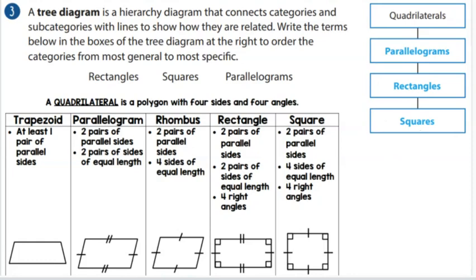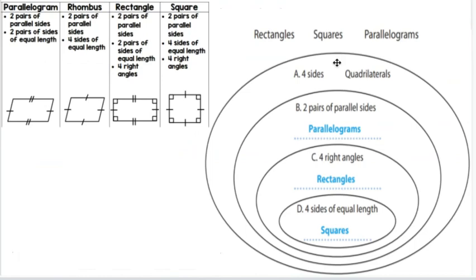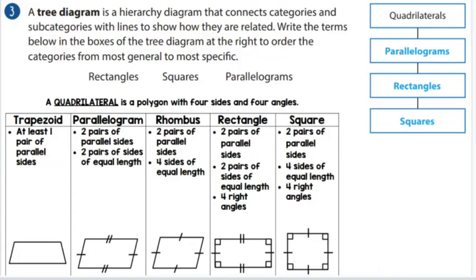Go ahead and make sure you have this information down in your workbook under number 3, and you can see that connection between what we have here as well as what we have here. You can see quadrilateral starts at the top, squares end at the bottom, as well as here with our tree diagram.